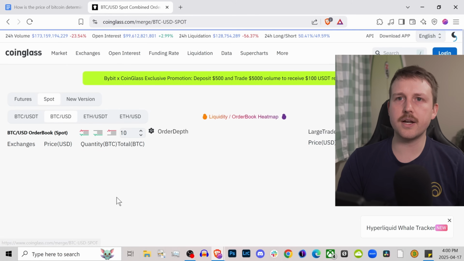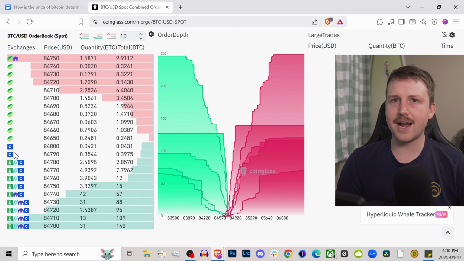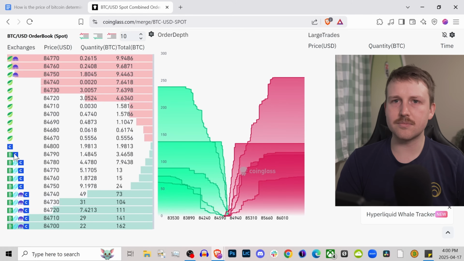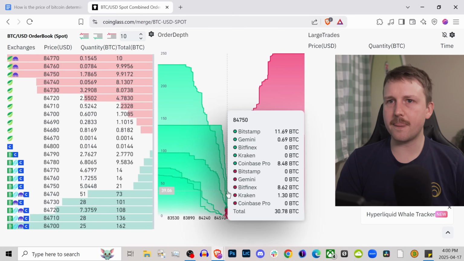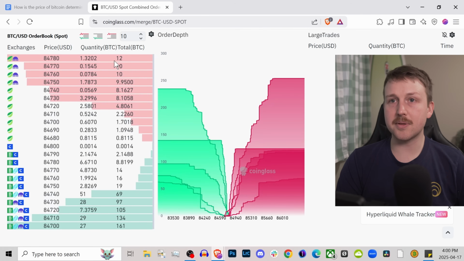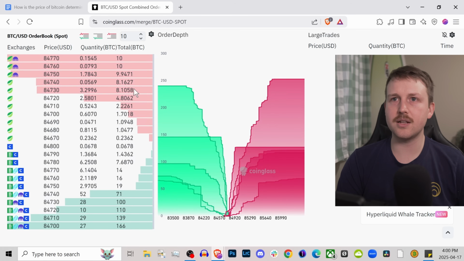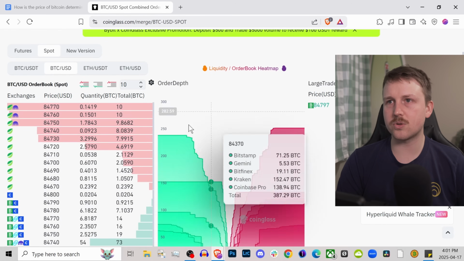Now let's take a look here at BTC USD. These are some different exchanges. It looks like Kraken. I don't know what this green leaf is here. Kraken and Coinbase and things like that. And you can see, again, there are fewer trading pairs going on, and there's a smaller amount of Bitcoin on this heat map, on this order book.